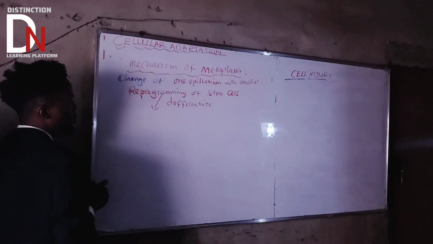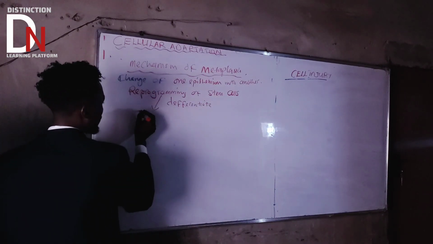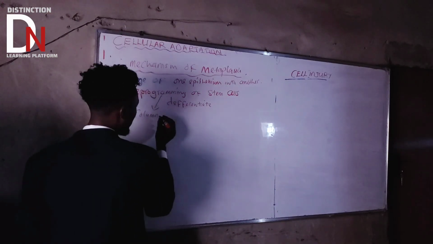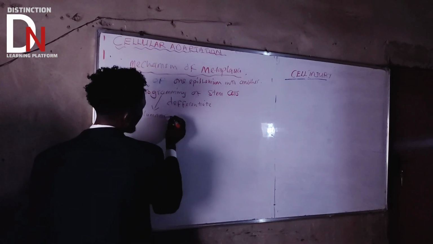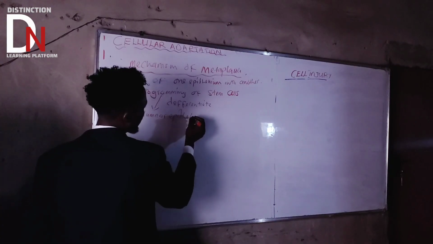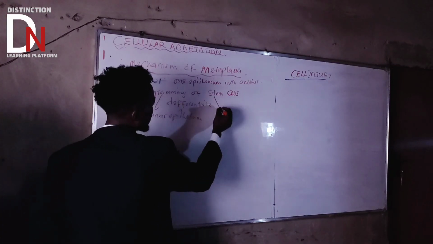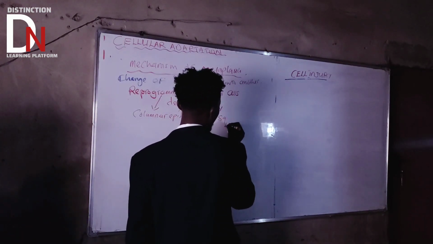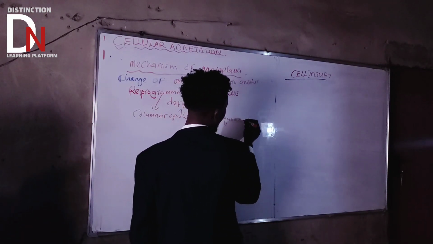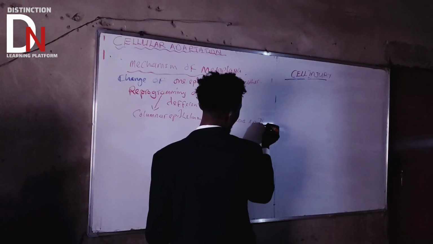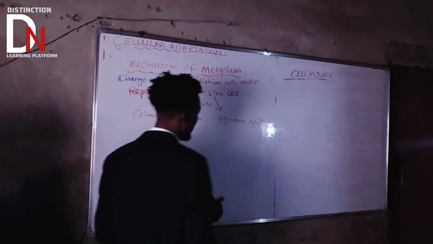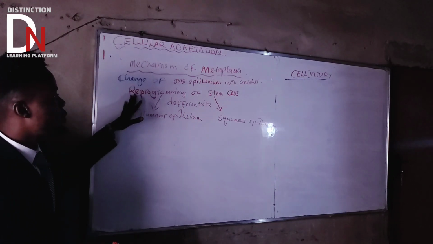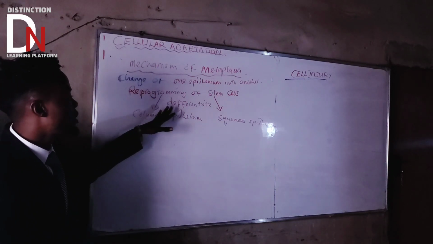Either, first, columnar epithelium, or it will differentiate into squamous epithelium. So the most important thing is what? Reprogramming of stem cells that will differentiate into what?